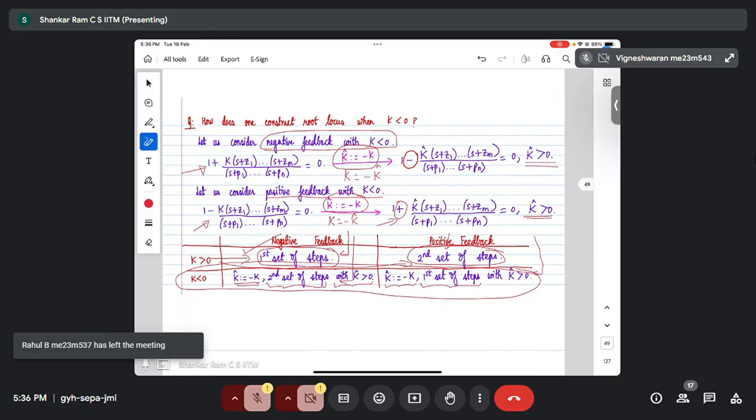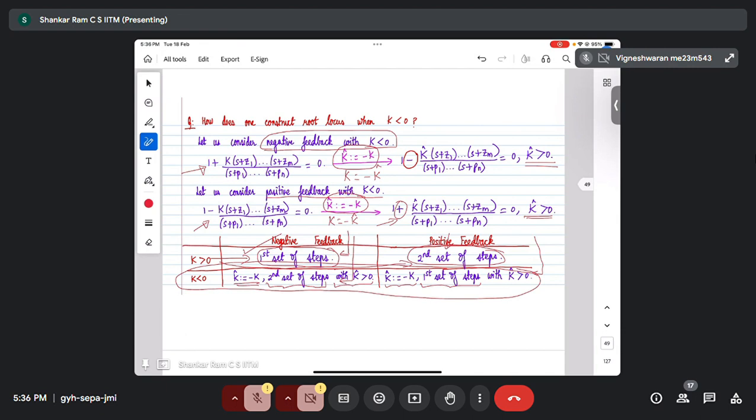By and large, once again, the keyword is by and large, you will have negative feedback, and mostly controller parameters will turn out to be positive in practical applications. But you and I should be prepared for every situation, right? In theory, that is always the purpose of any theoretical discussion.